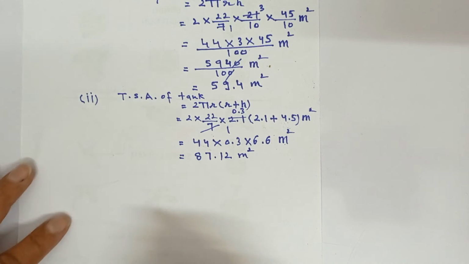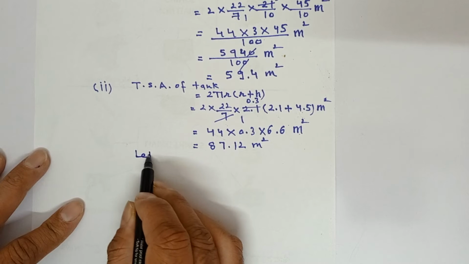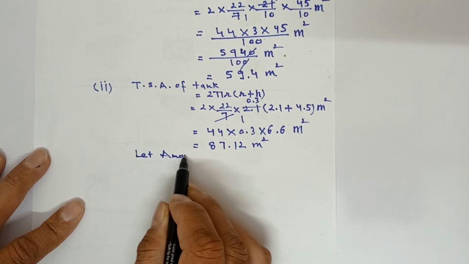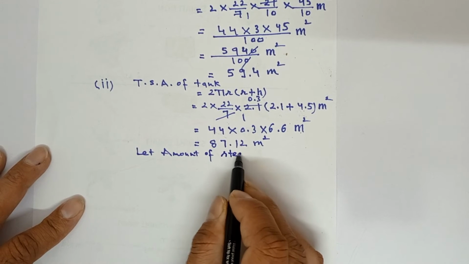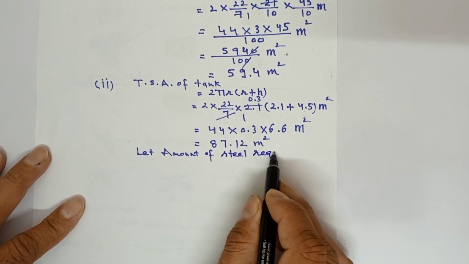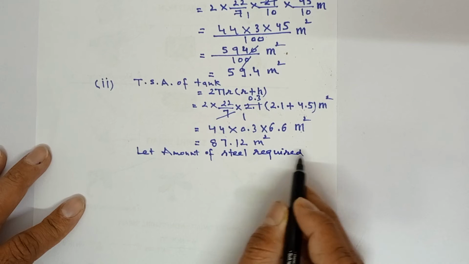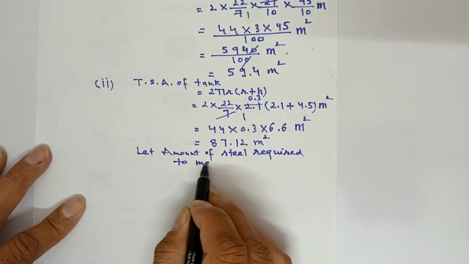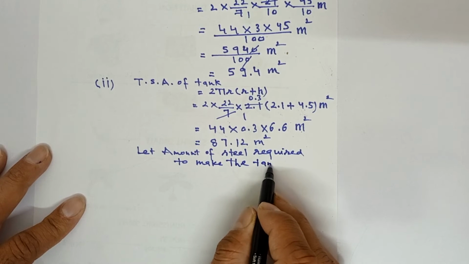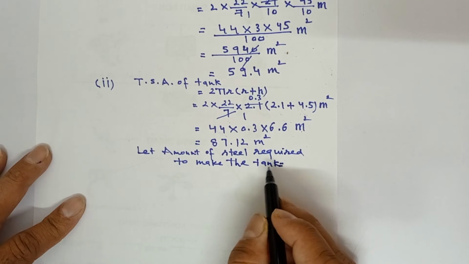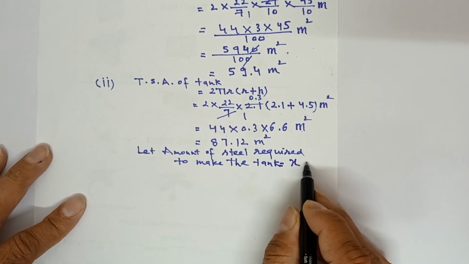Now let the amount of steel required to make the tank be x.